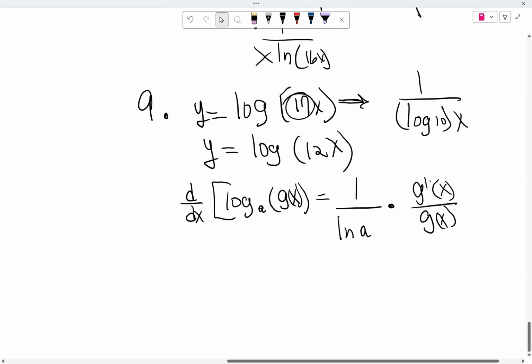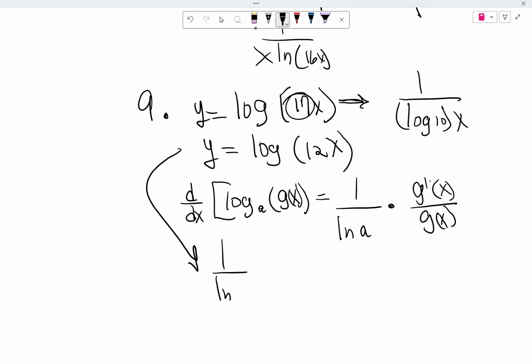So in our example, this becomes 1 over natural log 10, times 12 over 12x. And so that reduces to simply 1 over natural log base 10x.